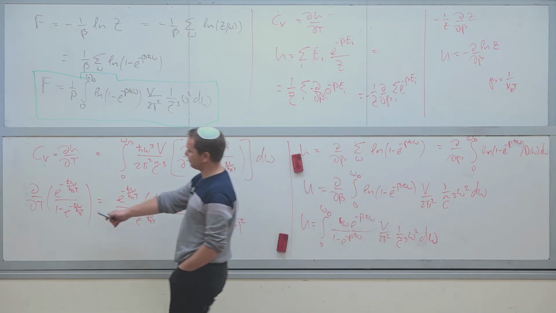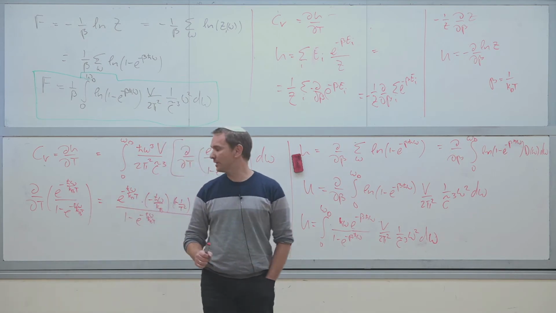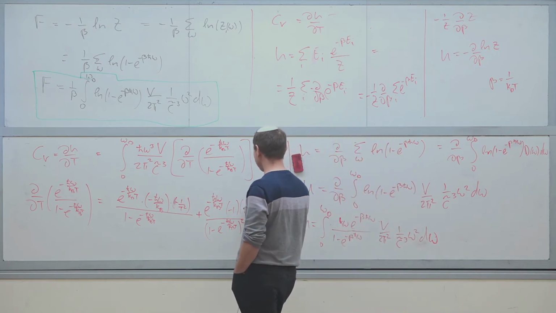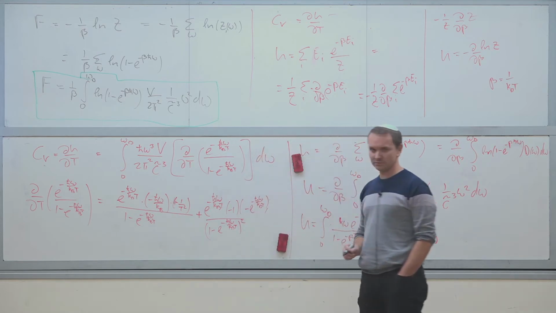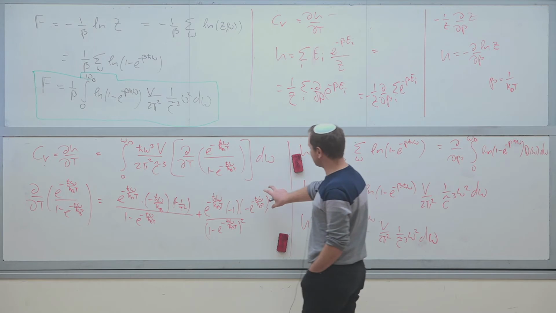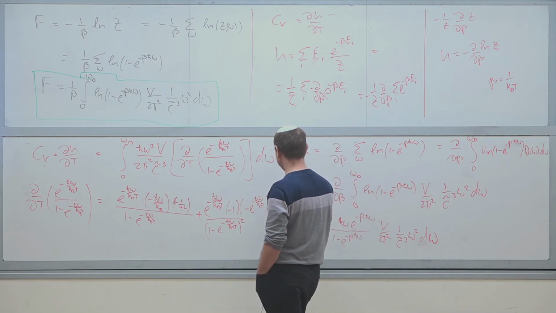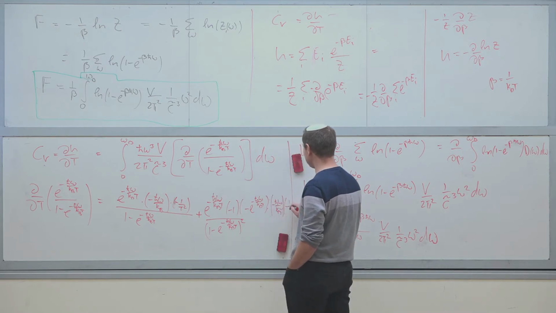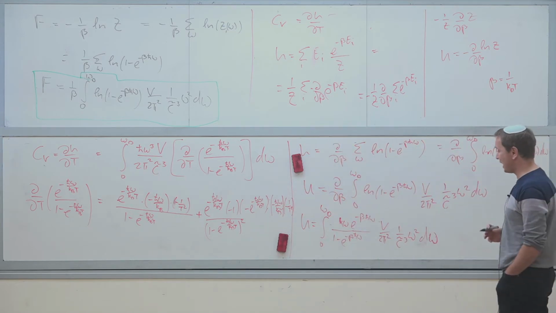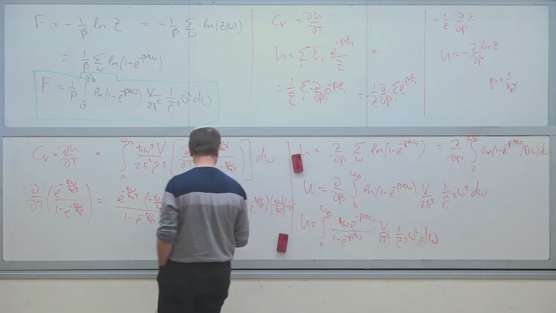I'm taking the derivative of the denominator. Inside we have minus e to the power minus h bar omega over k Boltzmann T, multiplied by the internal derivative, which is minus h bar omega over k Boltzmann, multiplied by minus 1 over T squared. Are you happy? I'm extremely happy with all those numbers.